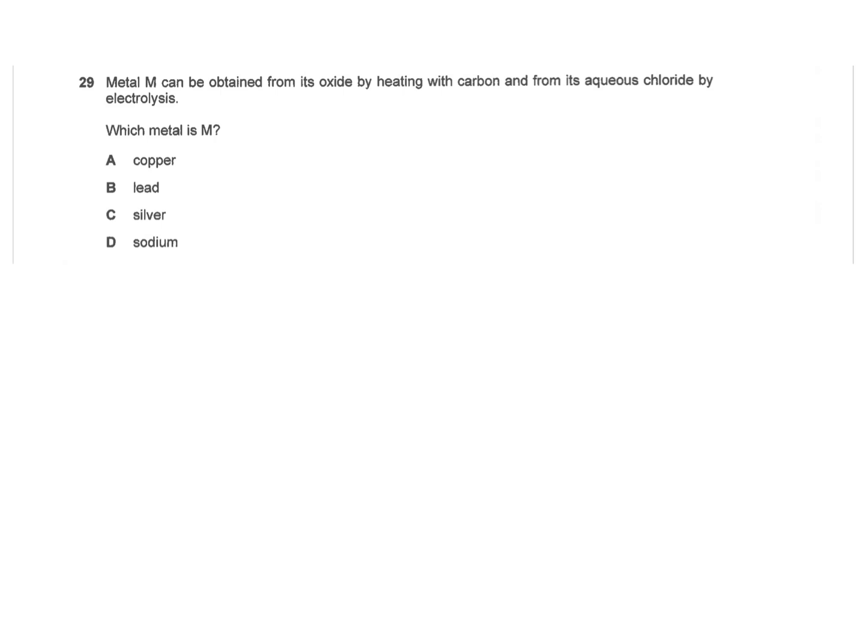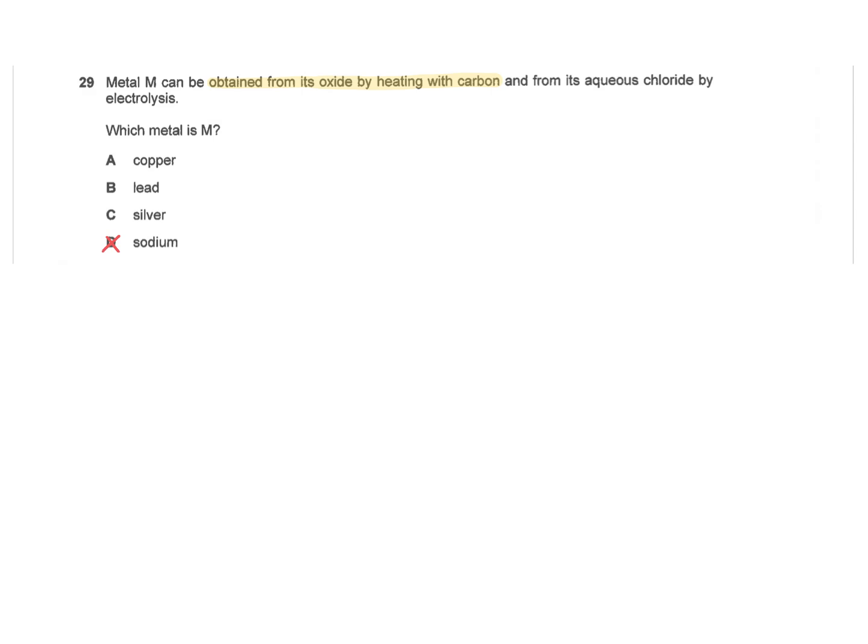Question 29 is on the reactivity series, and this is a tricky question. In the reactivity series, we learn that metals below carbon can be obtained from their oxide by heating with carbon. So now we have narrowed down the metals to those below carbon, meaning it has to be copper, lead or silver.